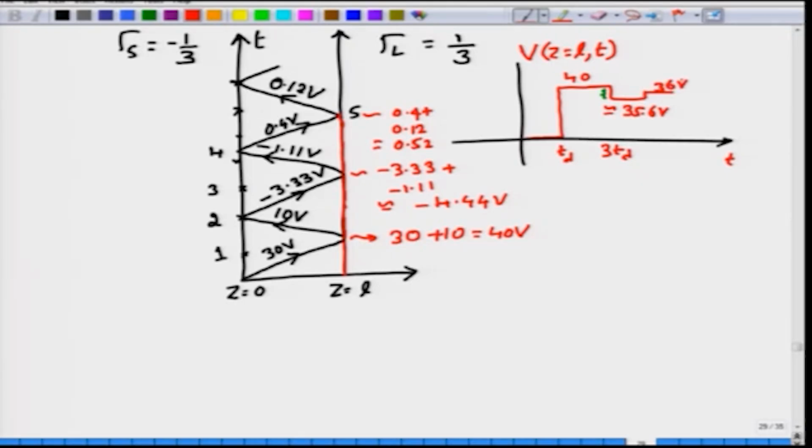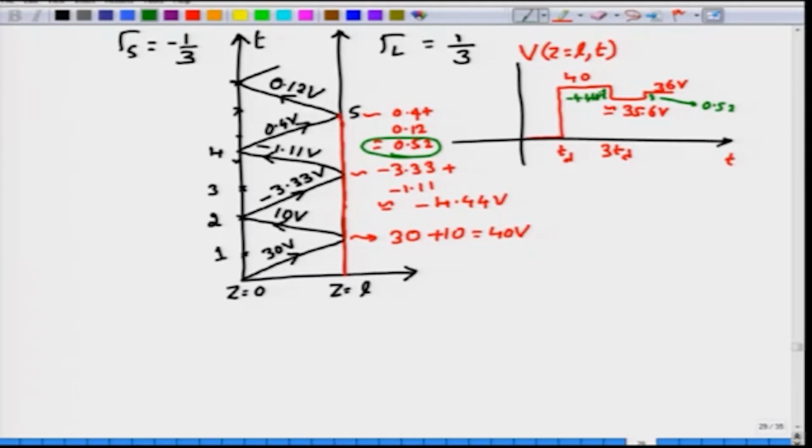Okay. I am truncating some numbers here, so you can calculate the exact values and put them here, but what you are interested in is the jump, and this time the jump is only 0.52 volt.